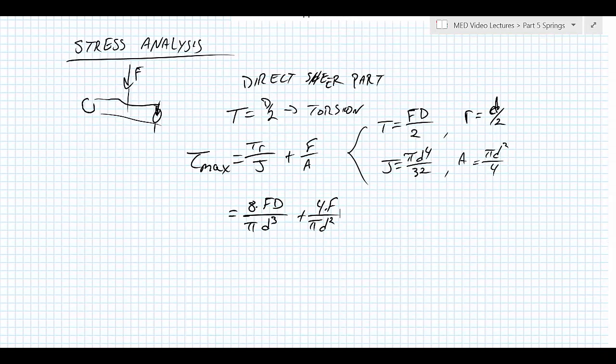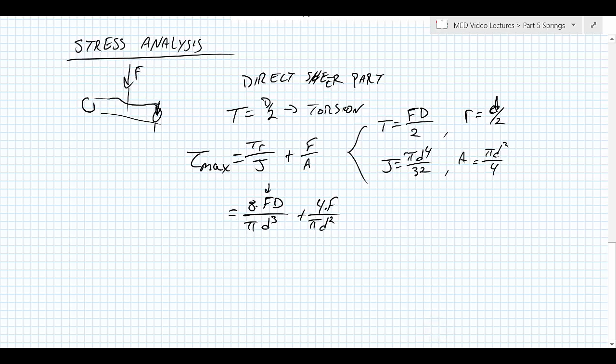So you'll notice that this has a couple different variables that change over time. Basically, the force that we put on it, typically in a design context, we know what we want to put on, what force we're going to experience, or we'll flip the problem around and say, what force can we put on this? So force doesn't change too often, but in terms of design parameters, the wire diameter and the mean coil diameter are up for grabs.